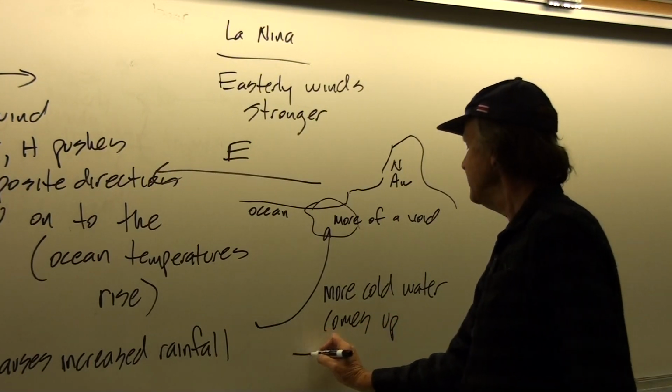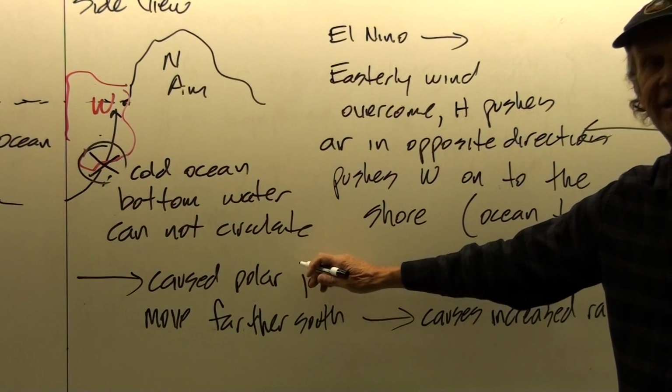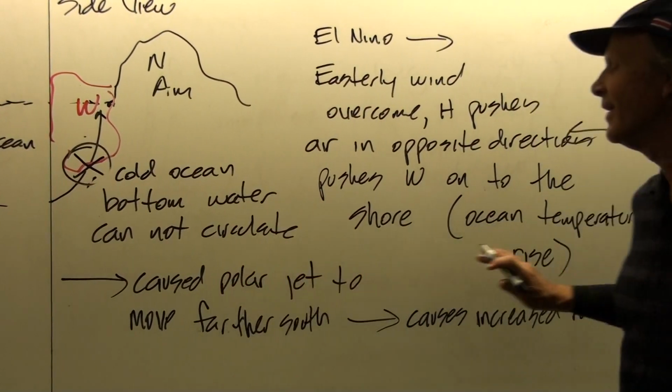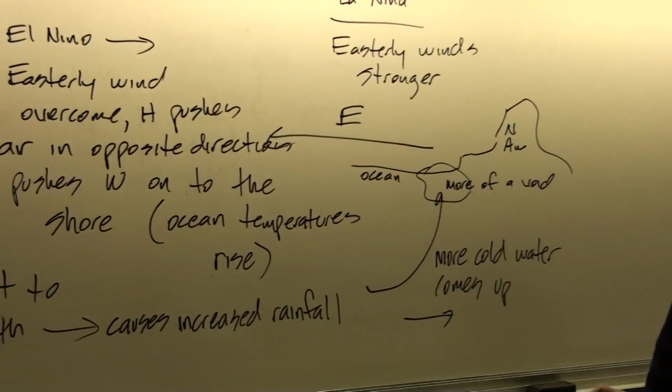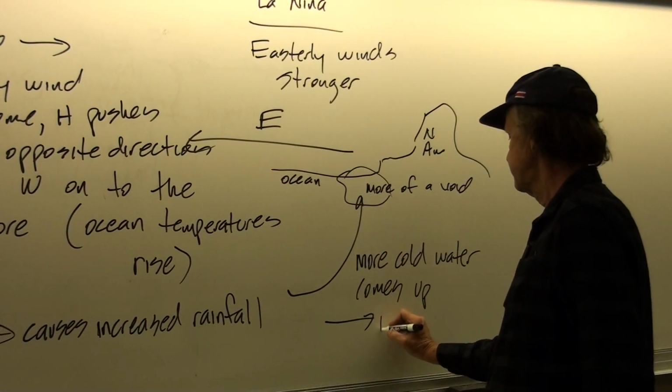And then this has the net effect of doing the opposite thing to the polar jet. What I had said before is what happens with La Niña. The polar jet tends to move farther north.